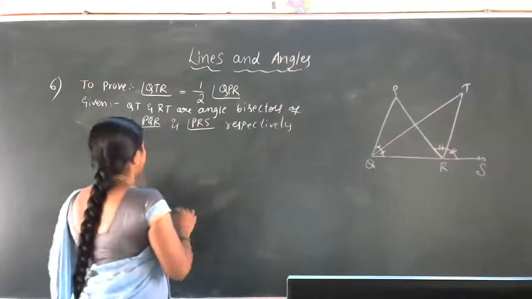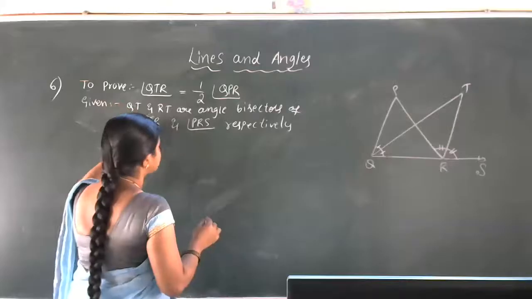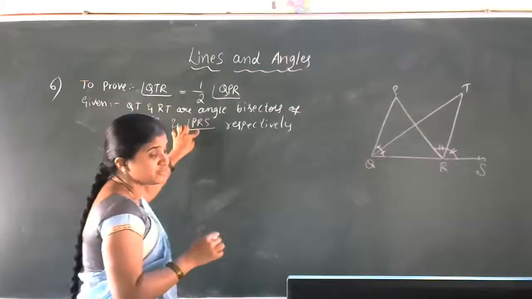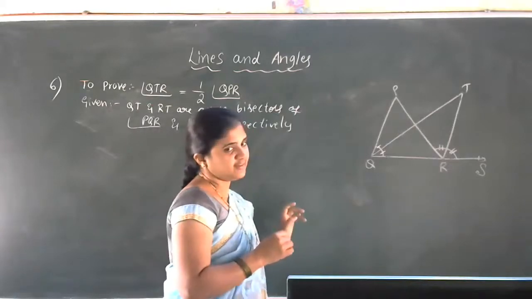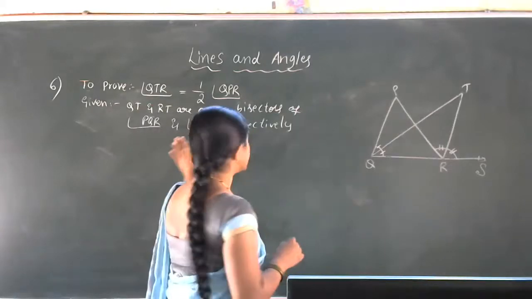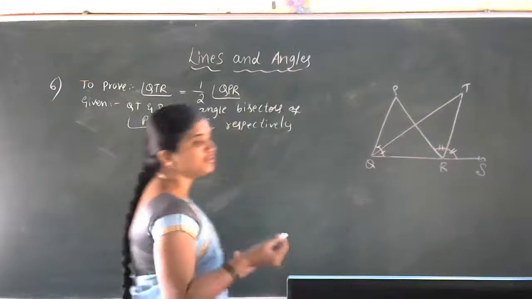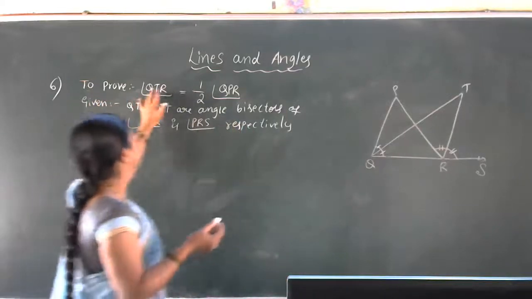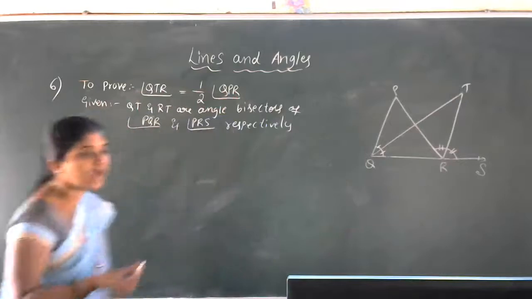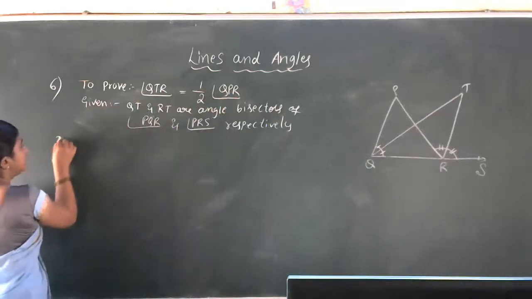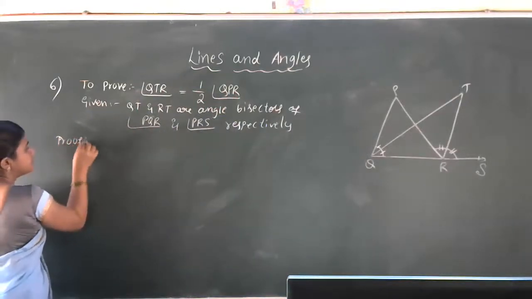Why do we have to use the word respectively? QT is a bisector of this one, RT is a bisector of this one. This is the given data. Is that clear, students? Yes. Now, using this given data, we have to prove that this QTR is half of this QPR. Let us start the proof.